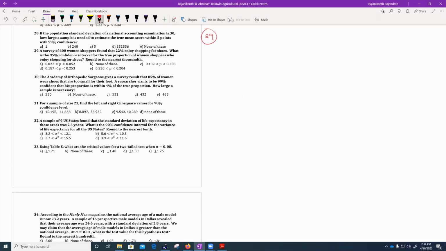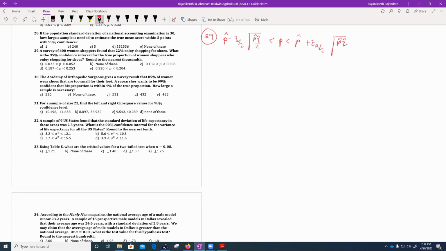Remember we had the proportion interval formula. The left hand point is p hat minus z alpha over 2 times the square root of p hat q hat over n. The other side is the same thing but with the plus sign.